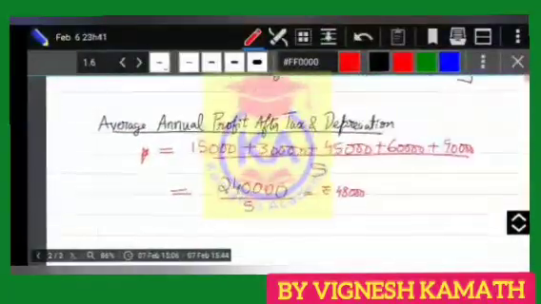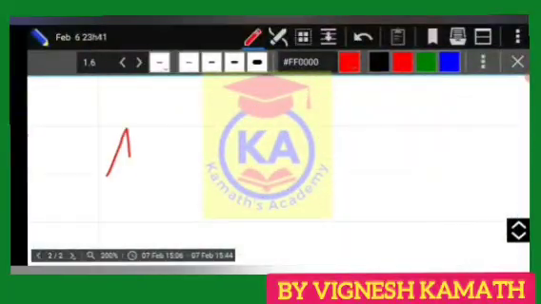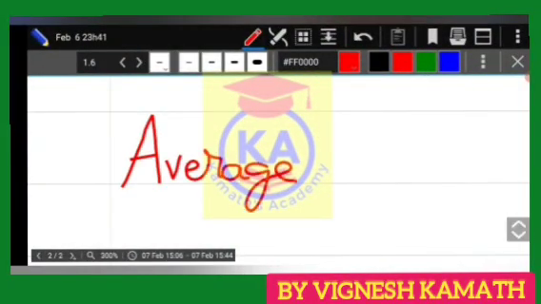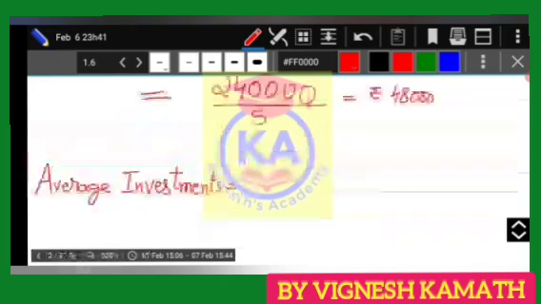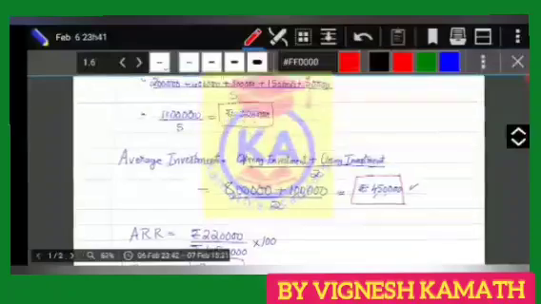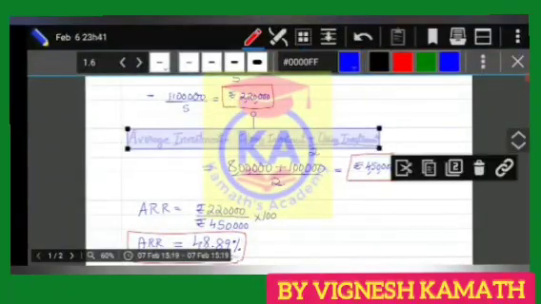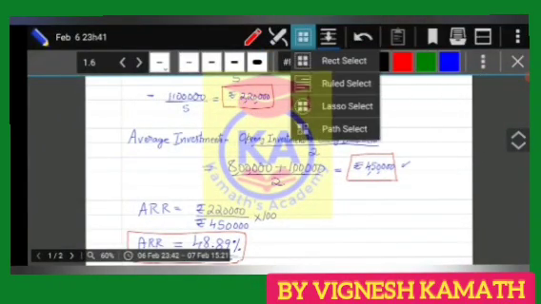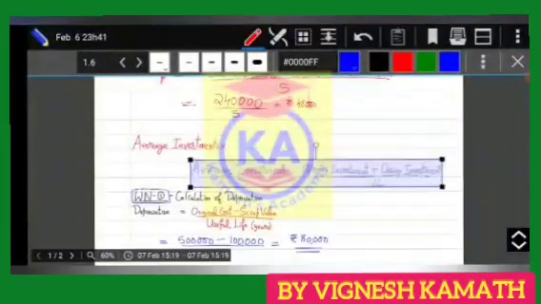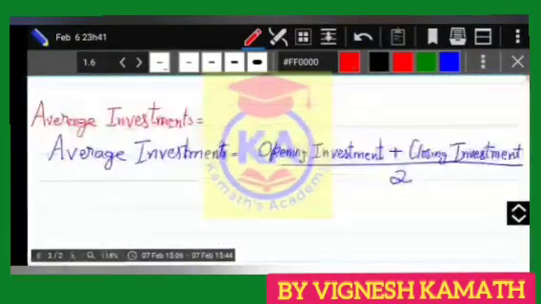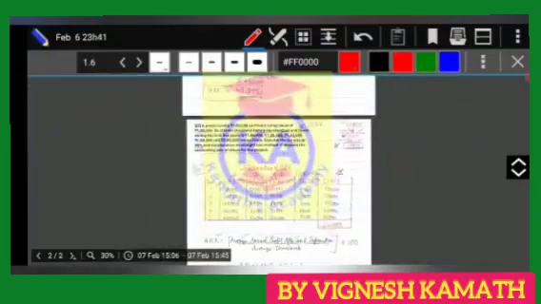Now we have to compute average investments. Average investments is equal to opening investments plus closing investments by 2. Right? I'll copy the same formula again. Yes. Here in this question, opening investment is rupees 5 lakhs, right?